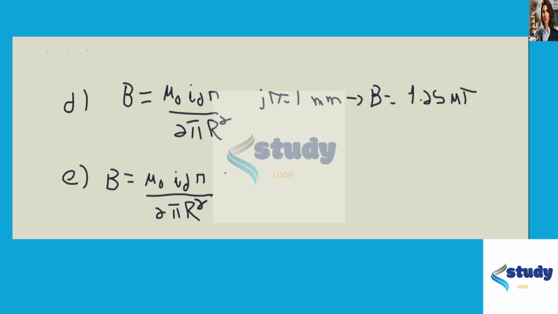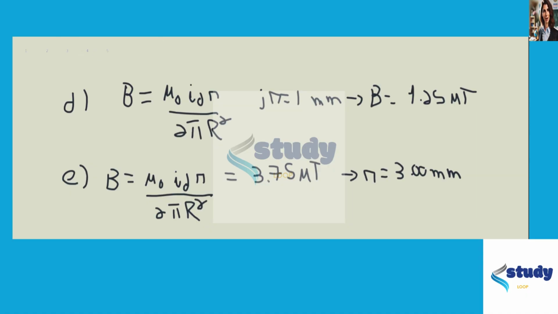So this gives us 3.75 millitesla for r equal to 3 millimeters.